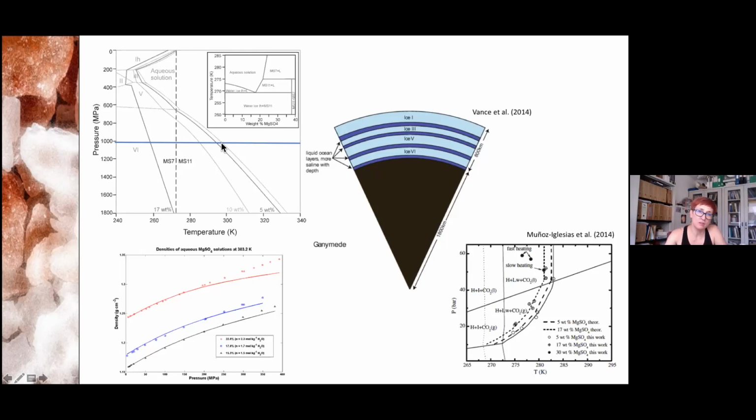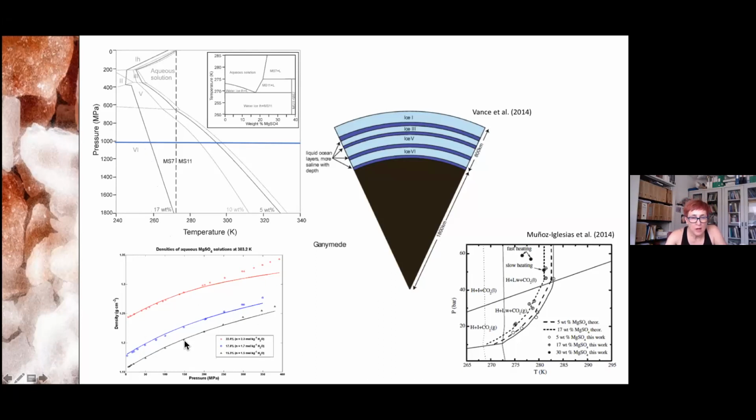But if you put different concentration of salt, for example, 10% of the magnesium sulfate, you will melt the ice 6 at 290. And if you have the eutectic composition, the 17% in weight of magnesium sulfate, you will melt the ice 6 at about 260 Kelvin.